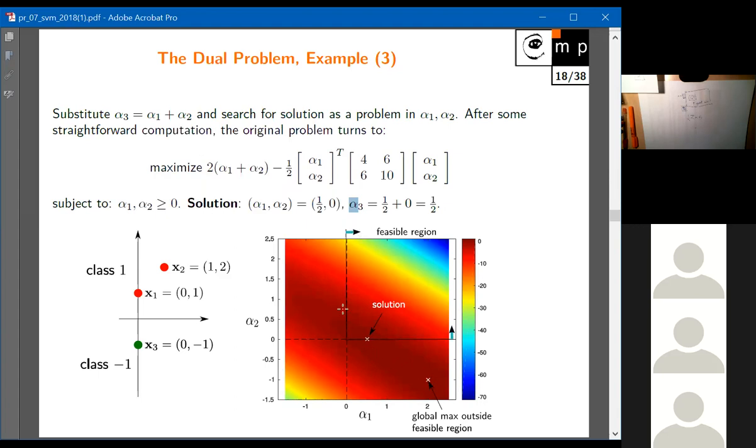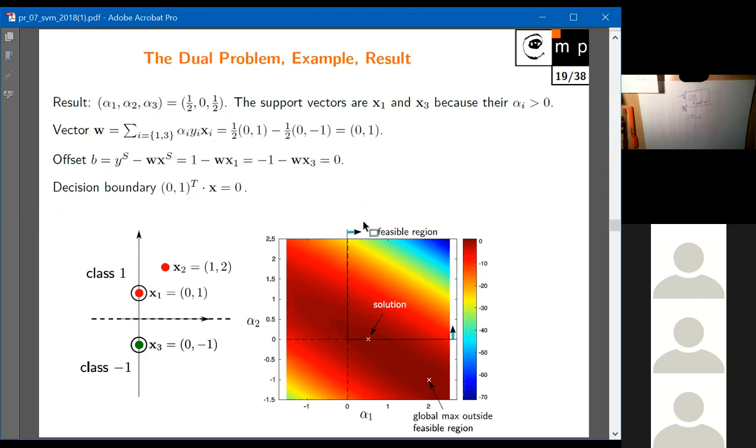The feasible region here has positive alphas, non-negative, sorry, and the global optimum is outside of that feasible region. Okay, and for the solution, we have 2 support vectors, which happen to be the points 0, 1 and 0, minus 1. They are a linear combination of the input points with the weights 1/2 and 1/2 and 0, and the offset happens to be 0 because it passes through the origin.